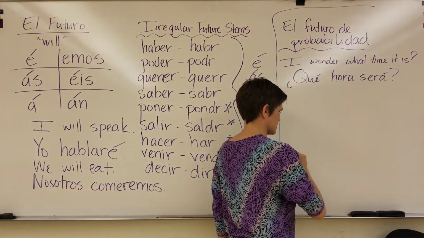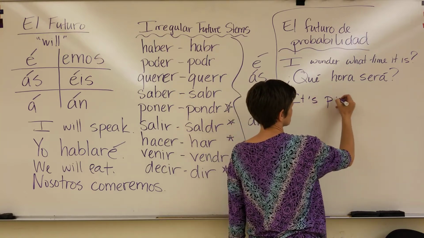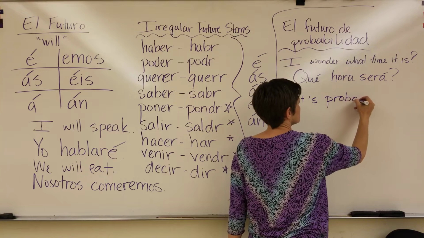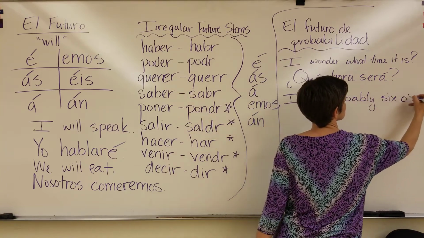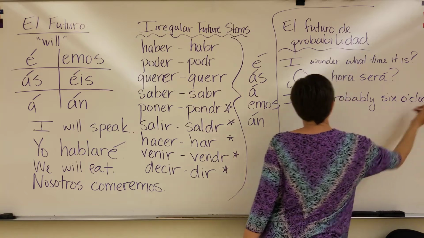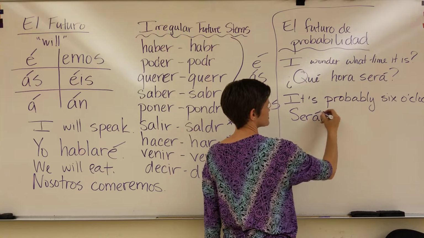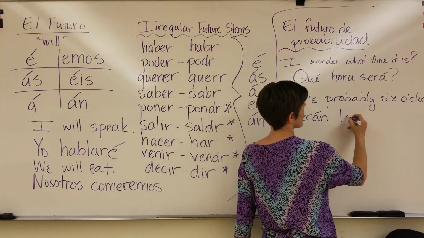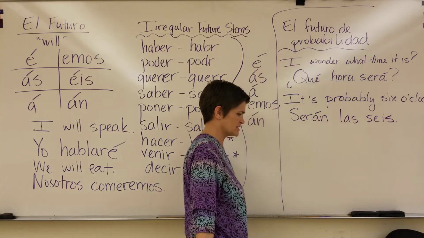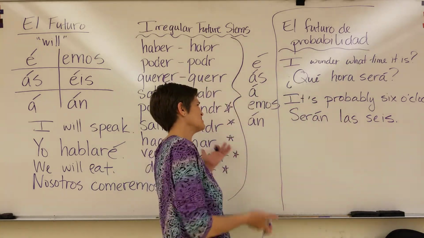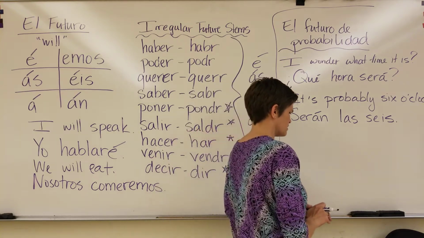Or if you want to say, it's probably 6 o'clock, then we would say serán instead of son las seis, serán las seis. So if I know what time it is, I'd say son las seis, it is 6 o'clock. But if I'm just kind of guessing, I'm like, serán las seis, about this time, probably be about that time.